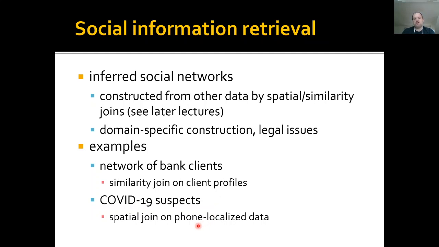If we take data from mobile operators, where we have phone localization data from their transaction logs, and we do a spatial join or self join on this data, we can identify people that were in contact with people infected by the disease. So we can really create an inferred social network of people that are somehow in a relation, and this relation is the closeness to other people that are suspects. So this is one possible example of an inferred social network.